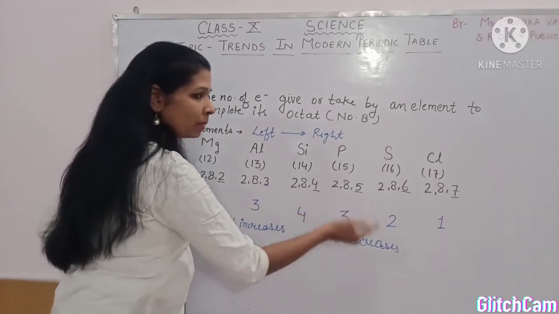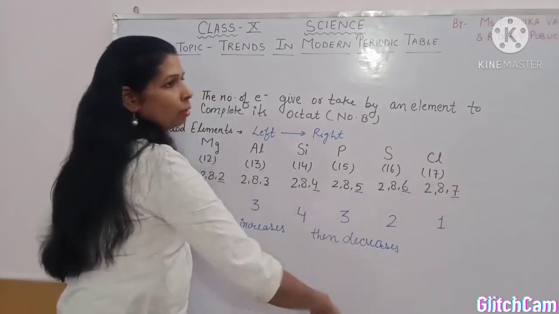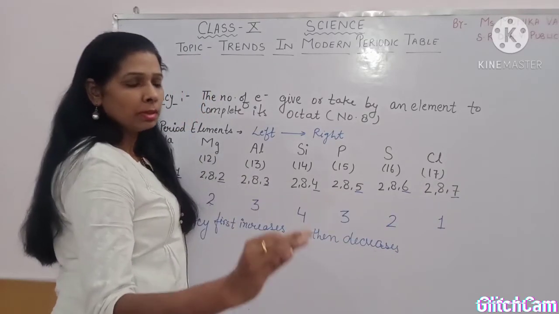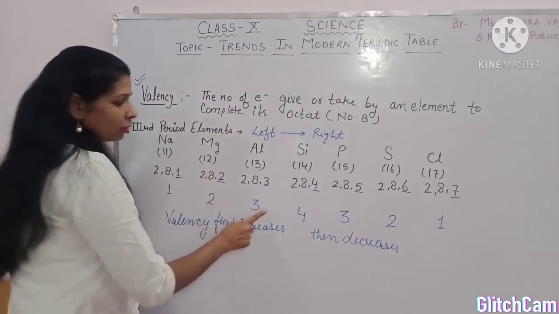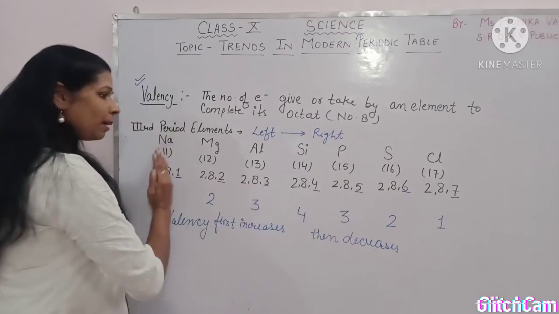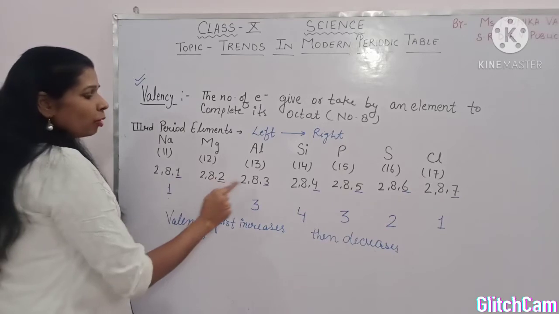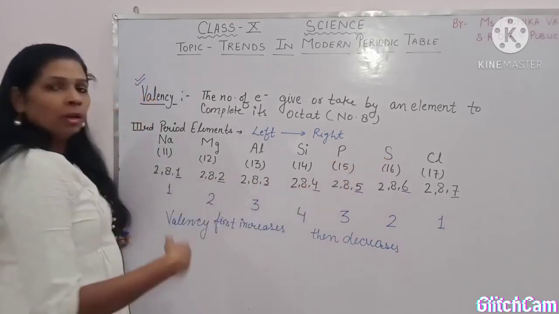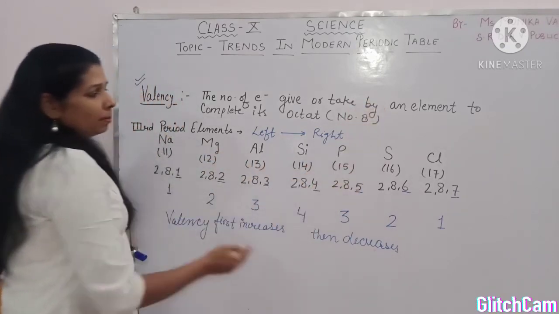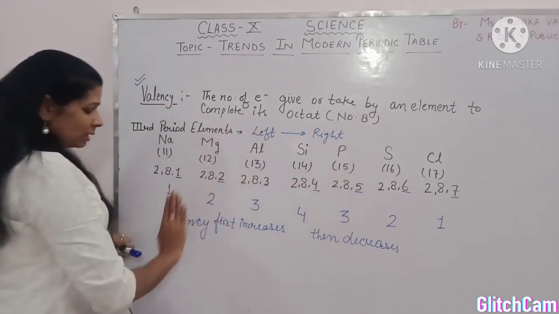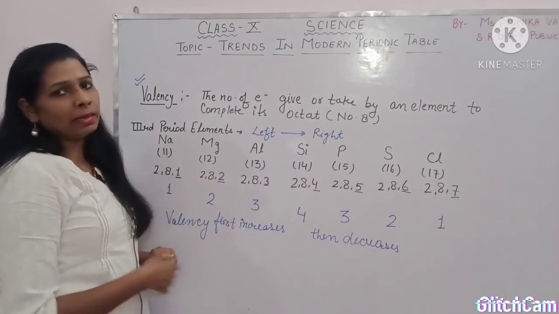But with 5, it will gain, 6, it will gain, 7, it will gain, to complete the outermost 8, according to the law of octet. So the reason is that the valence electrons increase 1 by 1, or you can say the atomic number increases 1 by 1 in a period from left to right. That's why the valency first increases and then decreases.